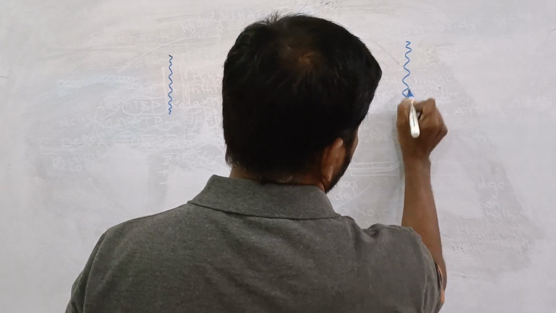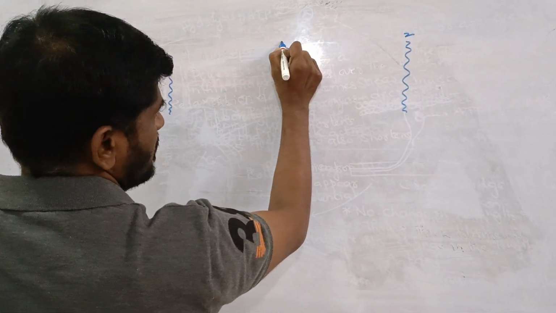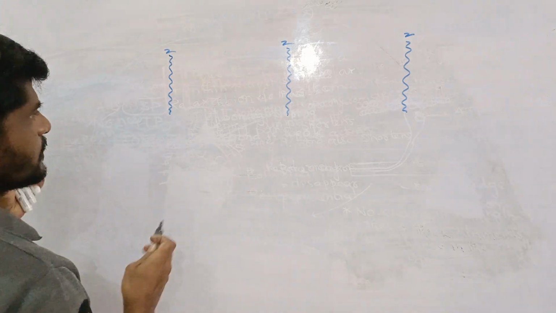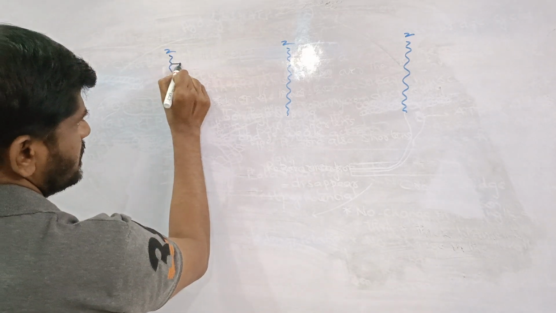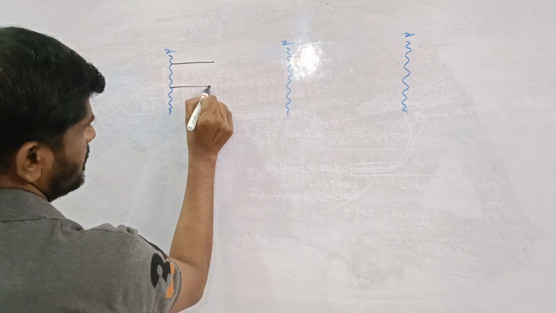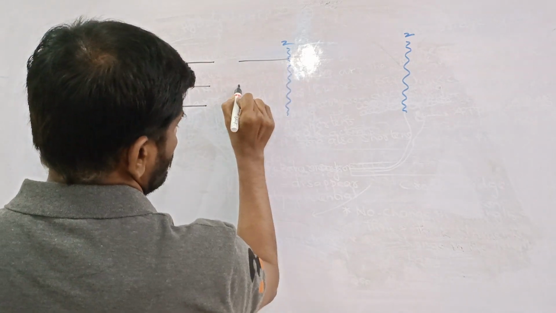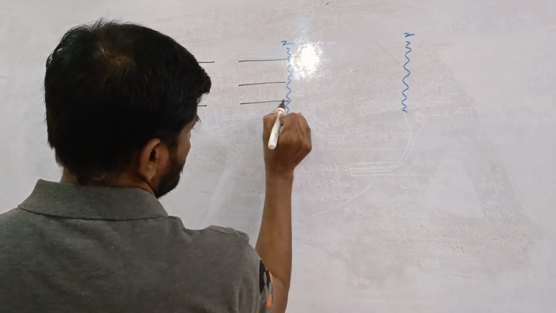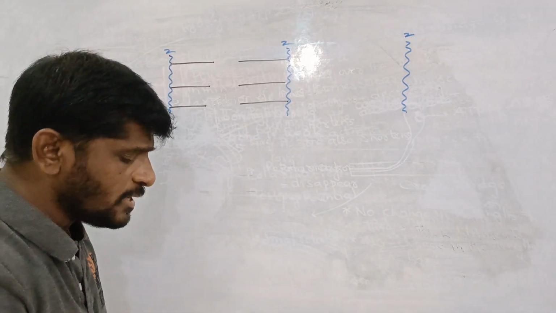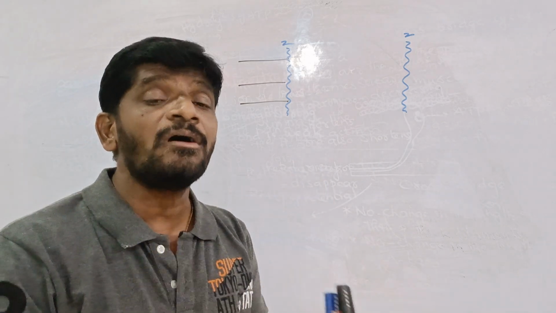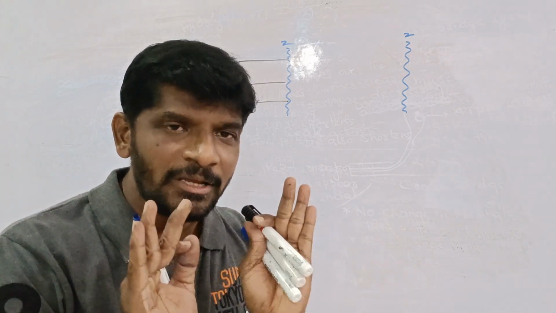These are thin filaments. As I told you in my previous class, the thin filaments are present not only in the entire I band but also in a part of the A band, excluding the H zone.